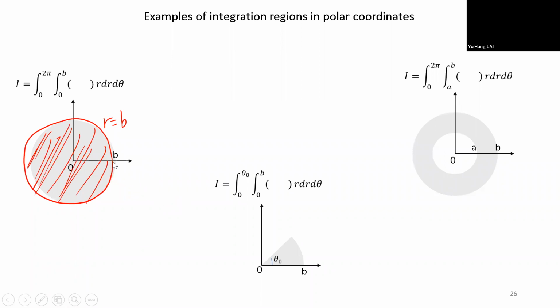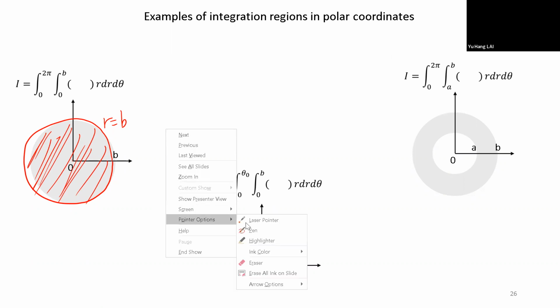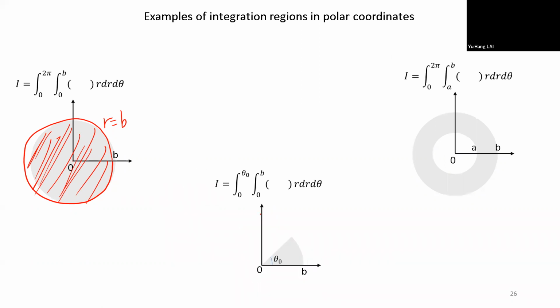But here I'm considering a full circle. So if I take my first line to be a horizontal line, exactly overlapping with the x-axis, that means I have theta equals 0. Now you imagine that you sweep this line. You rotate this line to let it sweep across the circle.